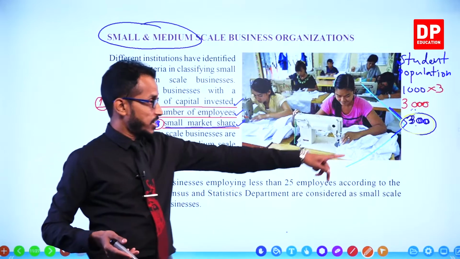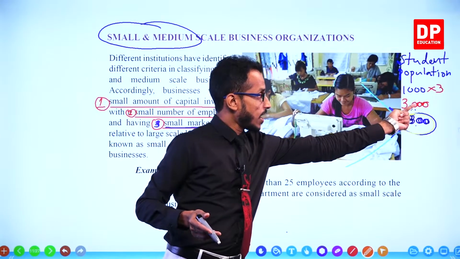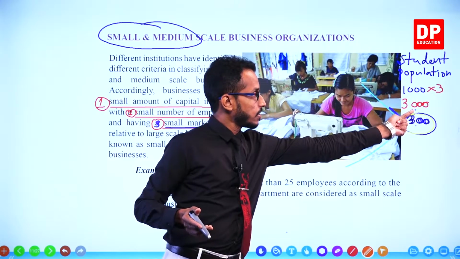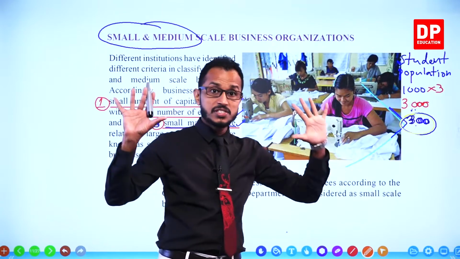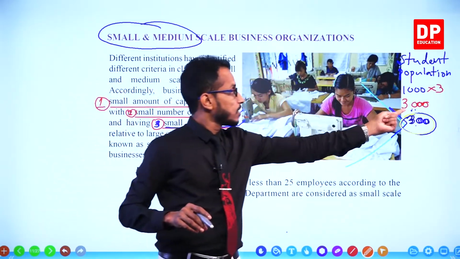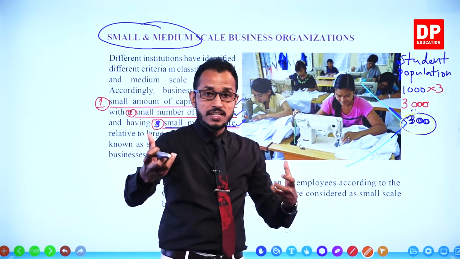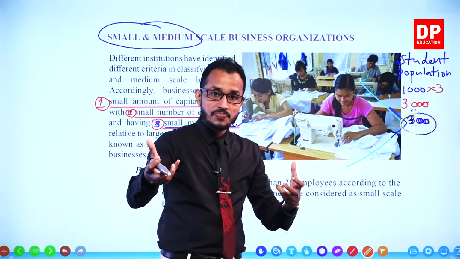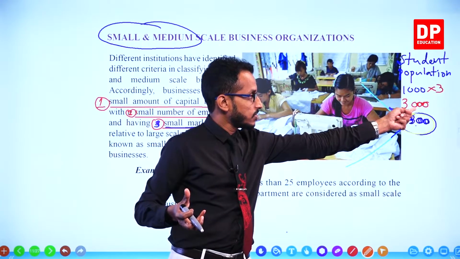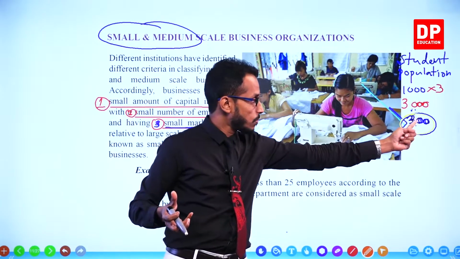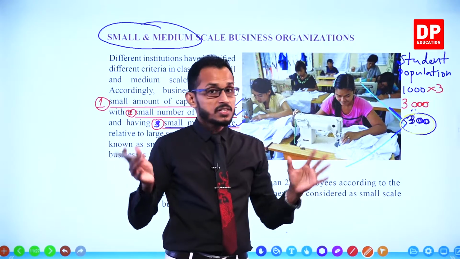If your business is providing 10% of the entire needed quantity, if the schools need 3,000 and you are providing 300, that is 10%. 10% is a good market share.